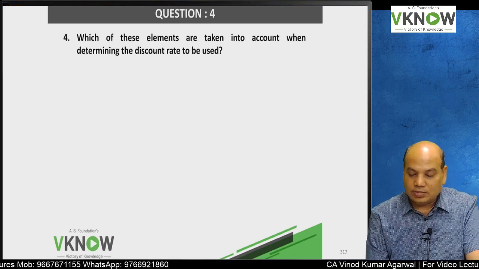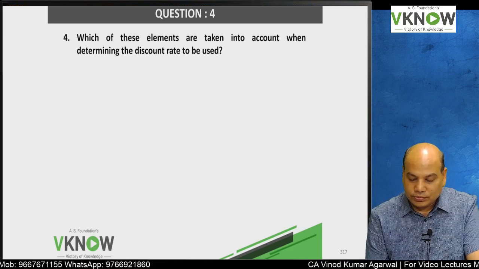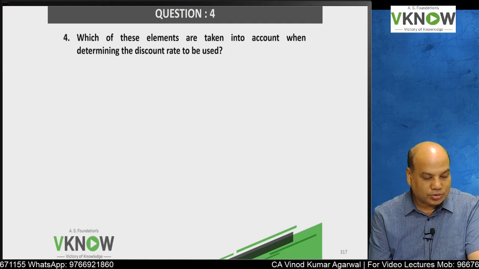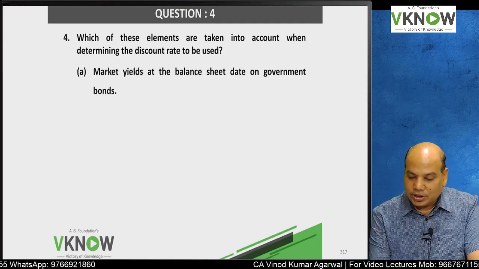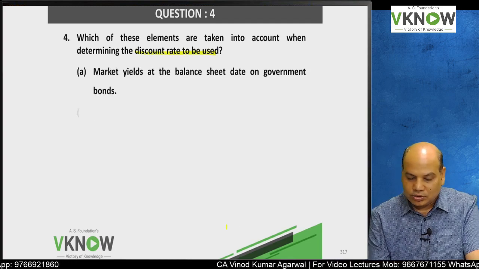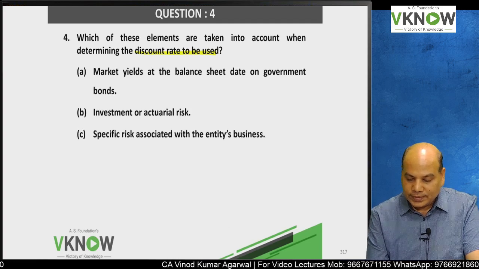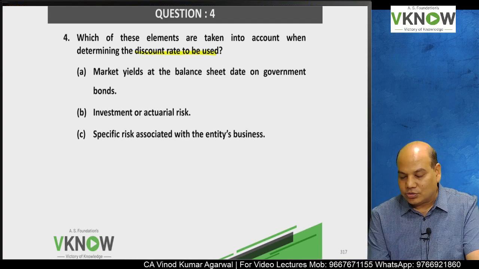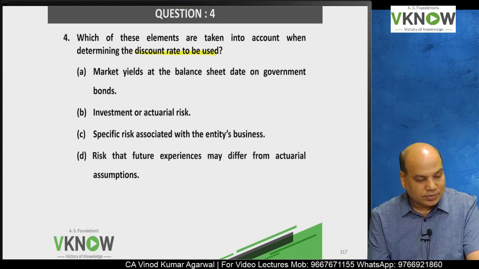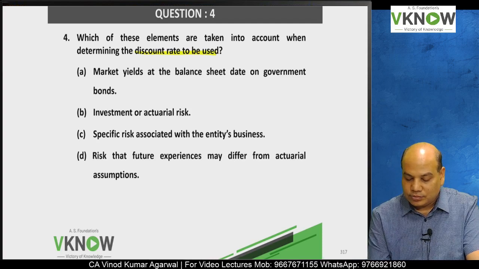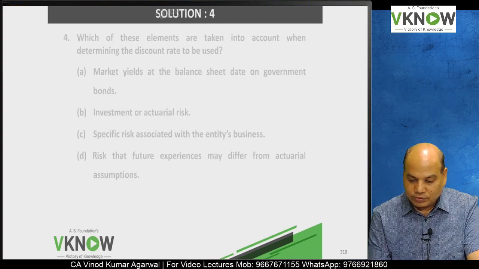Which of these elements are taken into account when determining the discount rate to be used? One is the market yield at the balance sheet date on the government bond, then investment or actuarial risk, specific risk associated with the entity's business, and risk that future experiences may differ from actuarial assumption.